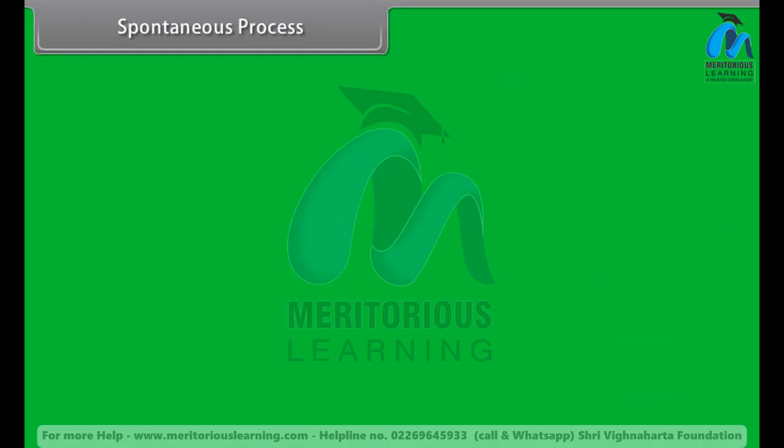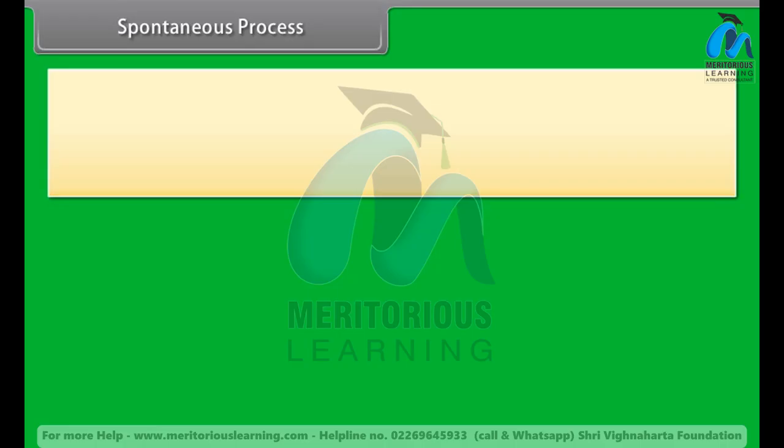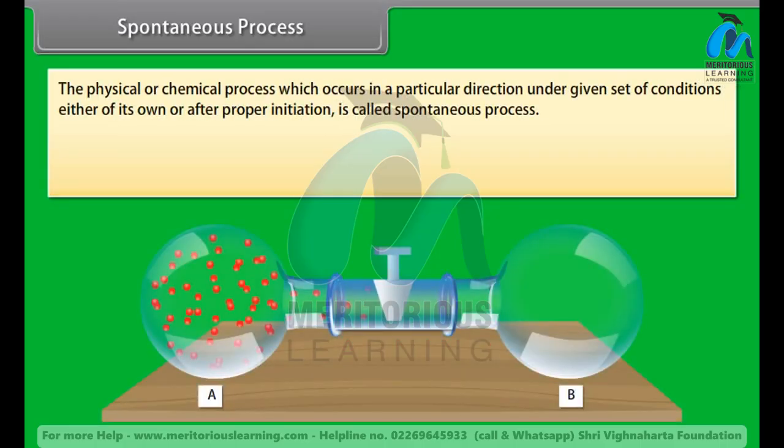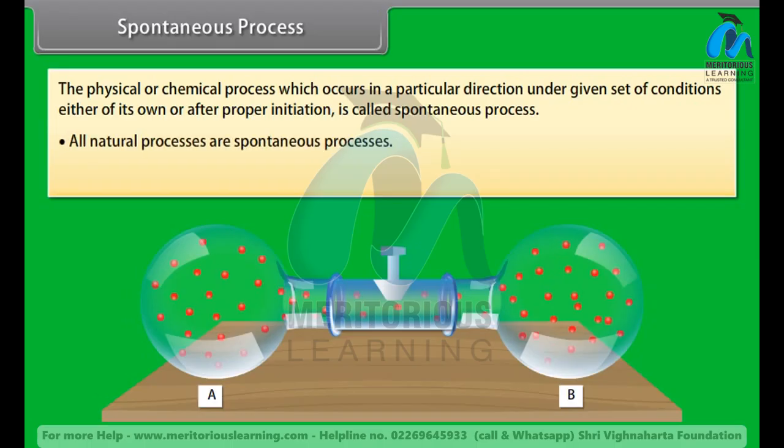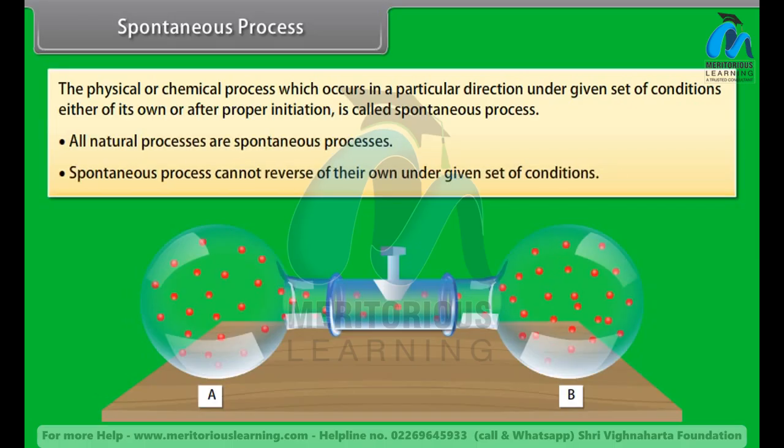A spontaneous process. A physical or chemical process which occurs in a particular direction under a given set of conditions, either of its own or after proper initiation, is called a spontaneous process. All natural processes are spontaneous processes. A spontaneous process cannot reverse on its own under a given set of conditions.